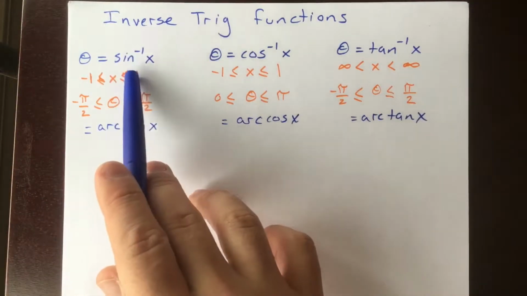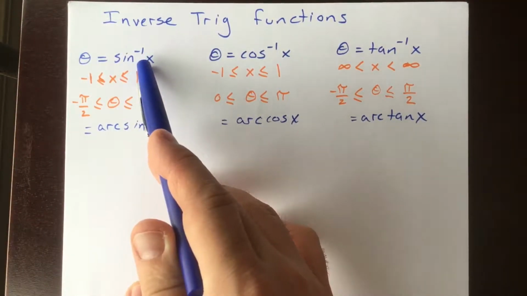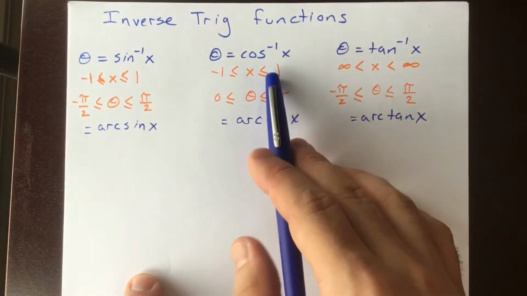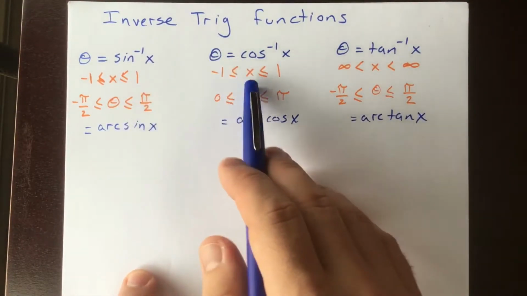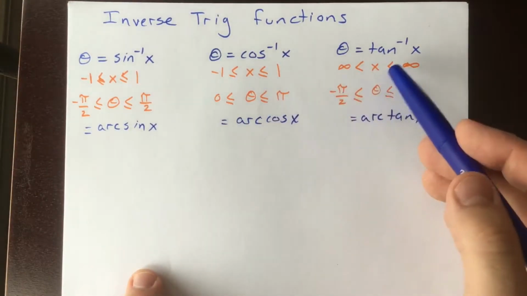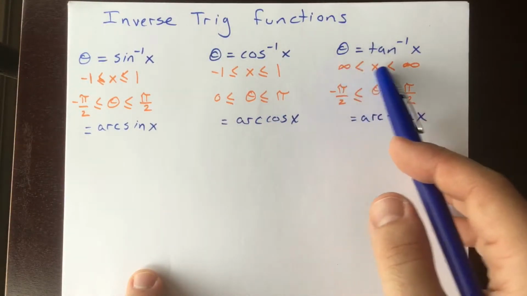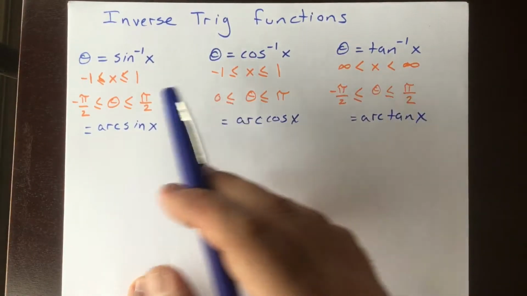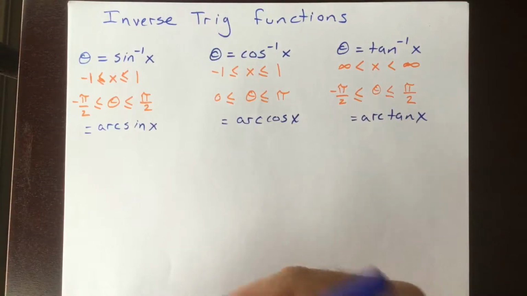The domain of arc sine and arc cosine is between -1 and 1, whereas the domain of arc tangent is all real numbers, and the range for each is also restricted.